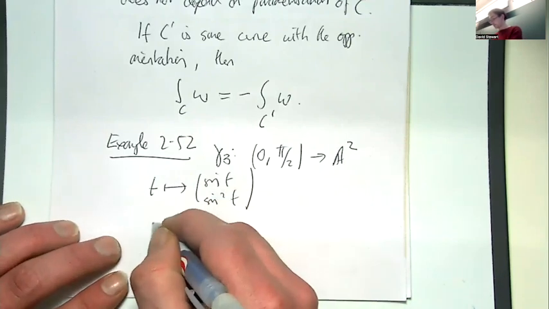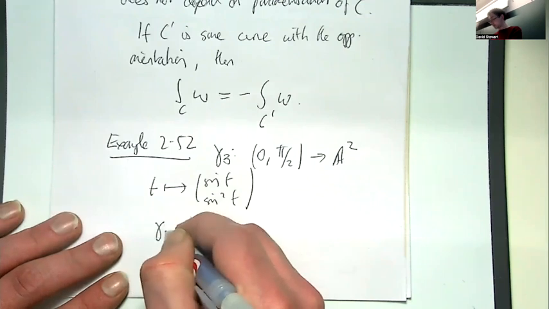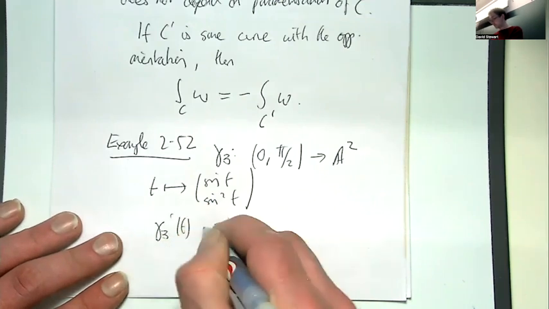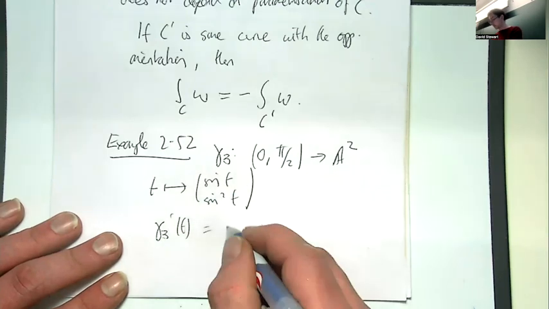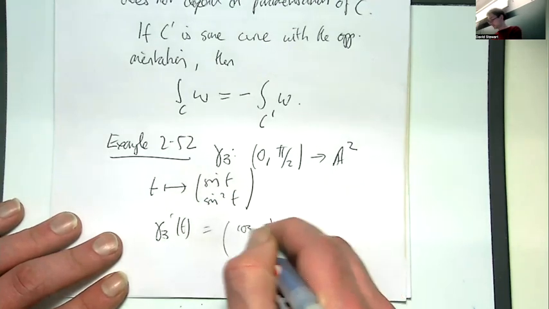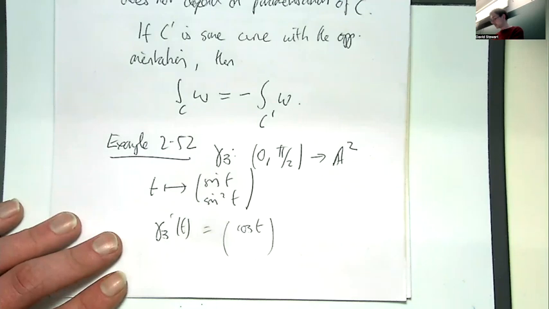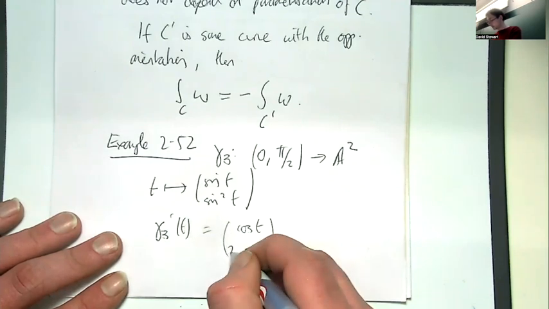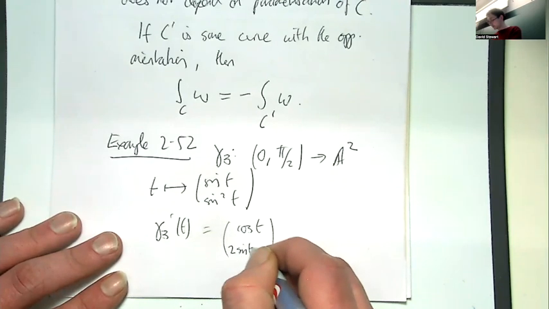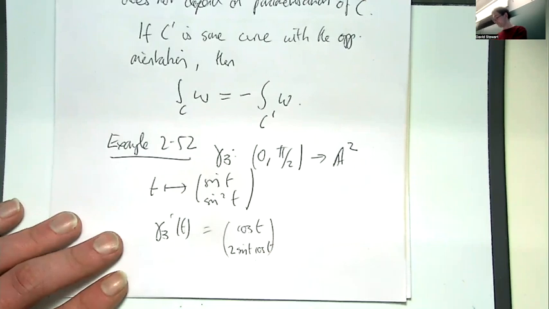So gamma 3 dashed of t is equal to (cos t, 2 sine t cos t), since if I differentiate sine t I get cos t, and if I differentiate sine squared t, I get 2 sine t cos t.